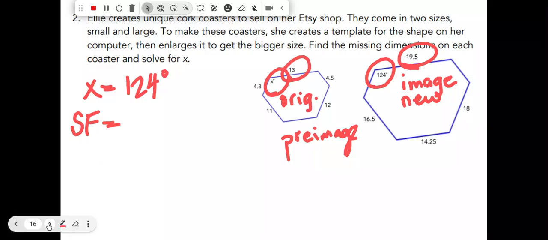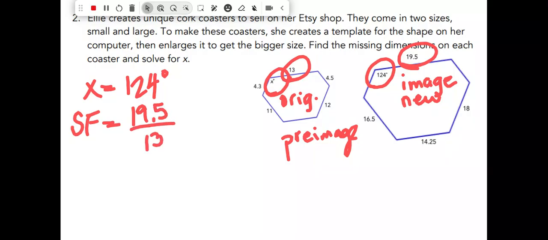And you know what? I don't think I want to use 19.5 and 13. I mean, I could, but I could also use 18 divided by 12. It doesn't really matter as long as you pick a pair and you do the new divided by the original pair of sides that match up. And it turns out 19.5 divided by 13 is 1.5.